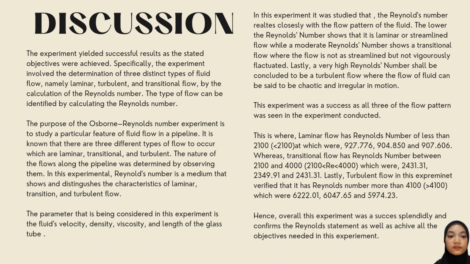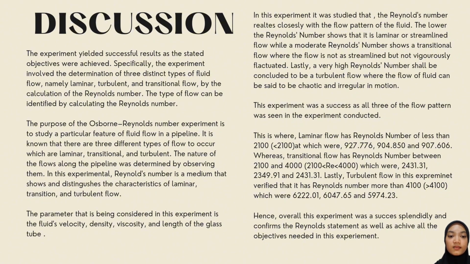Laminar flow has a Reynolds number of less than 2100, which were 927.776, 904.850, and 907.606, whereas transitional flow has a Reynolds number between 2100 and 4000, which were 2431.31, 2349.91, and 2431.31.